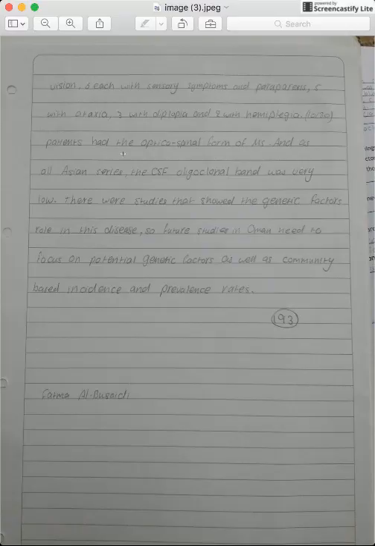Okay, so patients had the optical spinal form of the MS, and as all Asian series, the CSF, I'm not sure what that means, optical band, was very low. Okay, good. There were studies that showed the genetic factor role in this disease, so future studies in Oman need to focus on genetic factors as well as community.